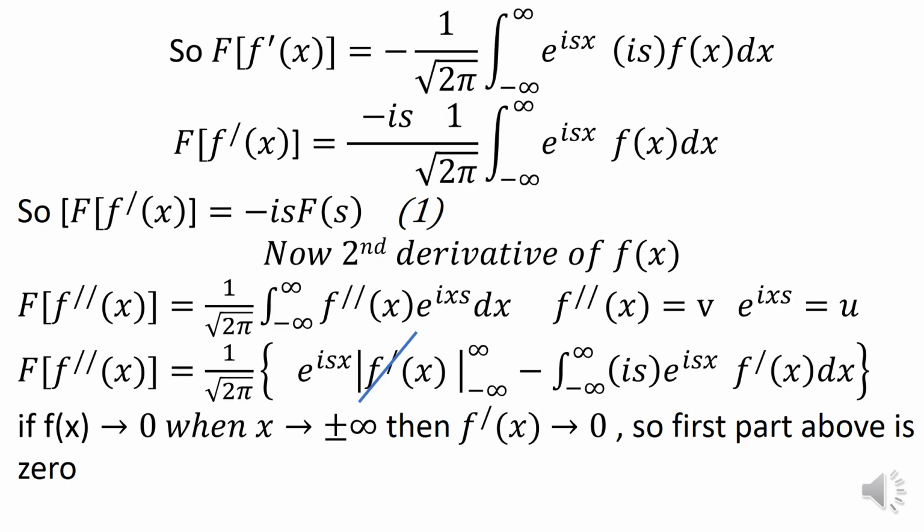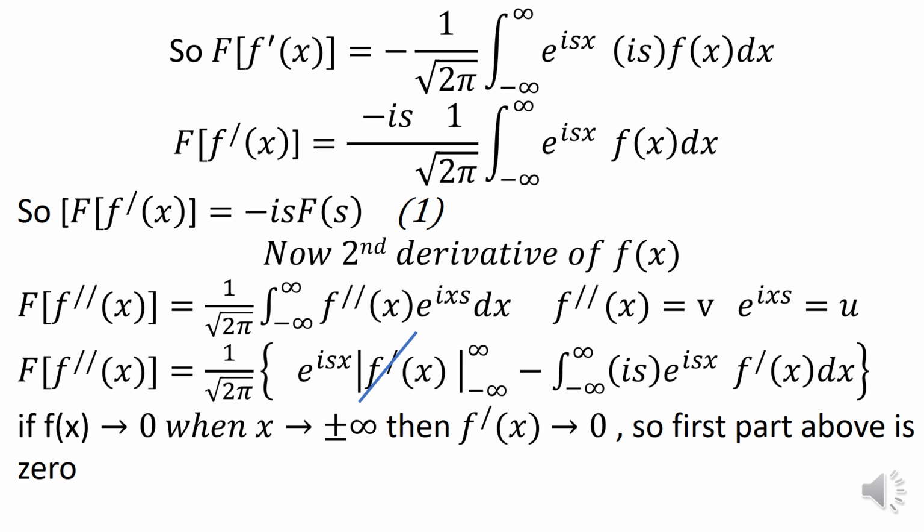So now the Fourier transform of f dash x will be equal to minus 1 by root 2 pi, as in the previous slide, integral from minus infinity to plus infinity of e to the power iota s x, iota s, f(x) dx. The first part was 0.